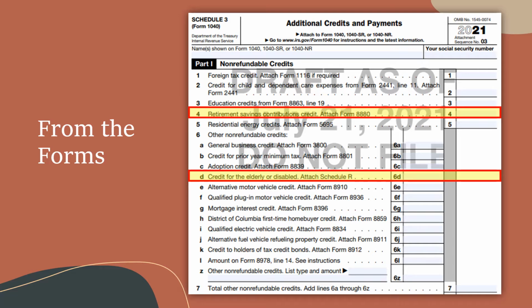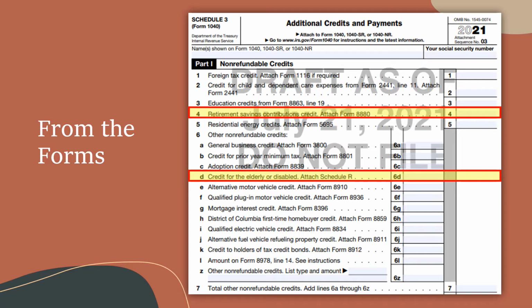Now we've been discussing the differences between non-refundable credits and refundable credits. Remember, non-refundable credits can reduce tax down to zero, but that's all. And refundable credits can reduce the tax down to zero and beyond.